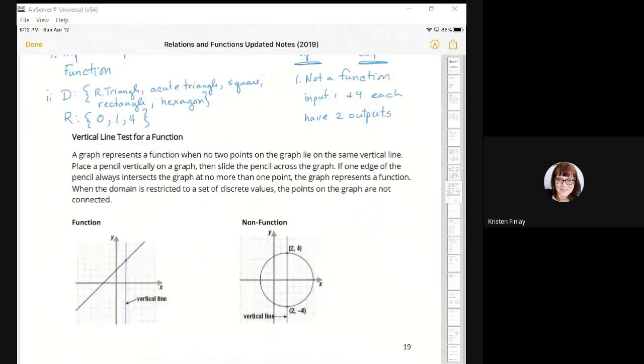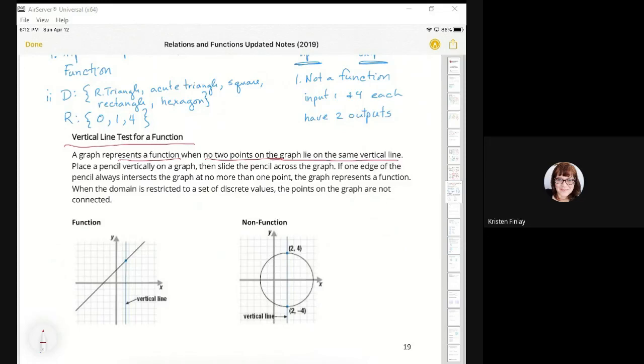Well, one of the ways we can test is if we graph the data, we can do what's called a vertical line test. So a graph represents a function when no 2 points on the graph lie on the same vertical line.